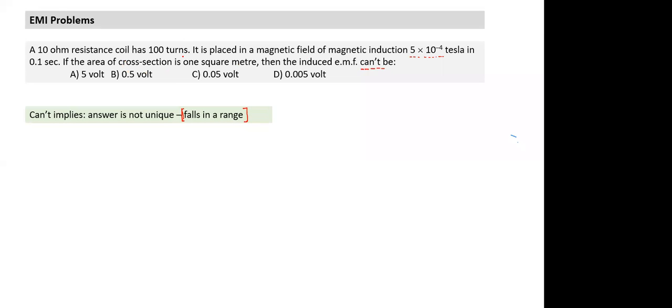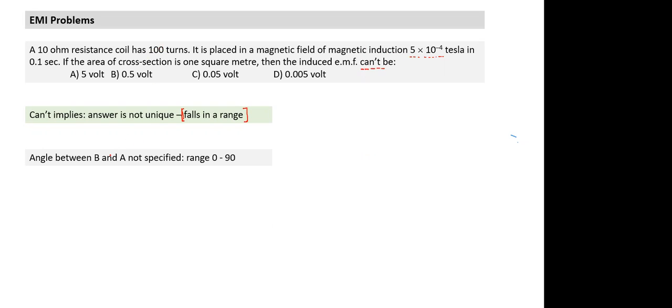The area of cross section is 1 square meter. What is this question? In a way, it is simple. What is induced EMF? Induced EMF is equal to change in flux by time. What is change in flux? Initially, the coil is outside. When it is placed inside the magnetic field, it is not given at what angle the coil is placed with respect to the magnetic field.